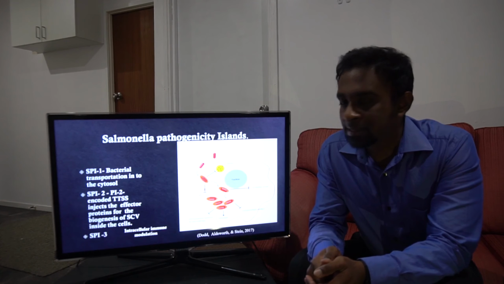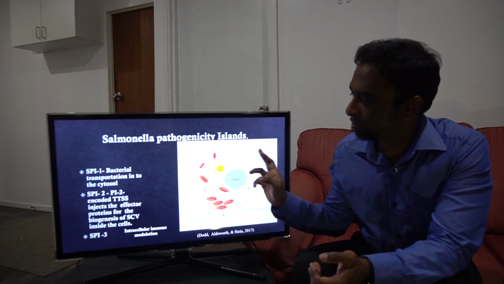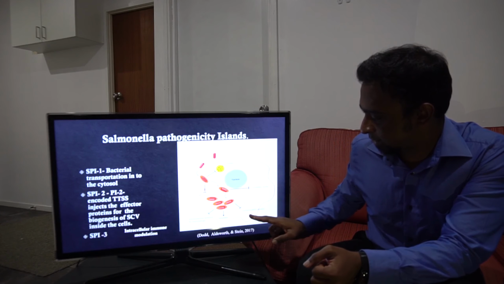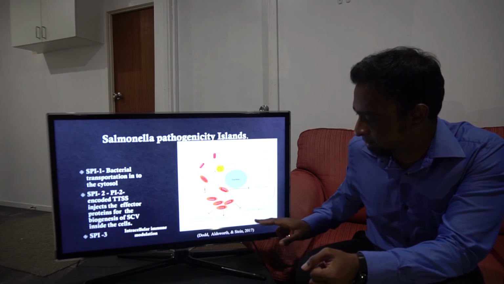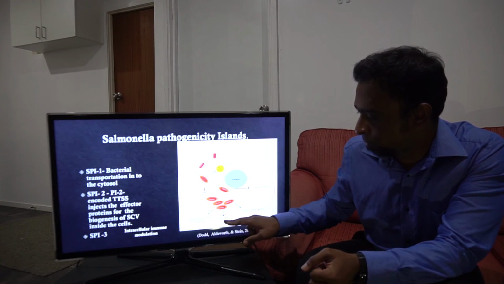Salmonella pathogenicity island. This is the figure of the Salmonella pathogenicity island. Here there is the lysosome, oxidative stress, antimicrobial peptides, and apoptosis and inflammation induced by macrophages. SPI-1 mediates bacterial transportation into the cytosol.